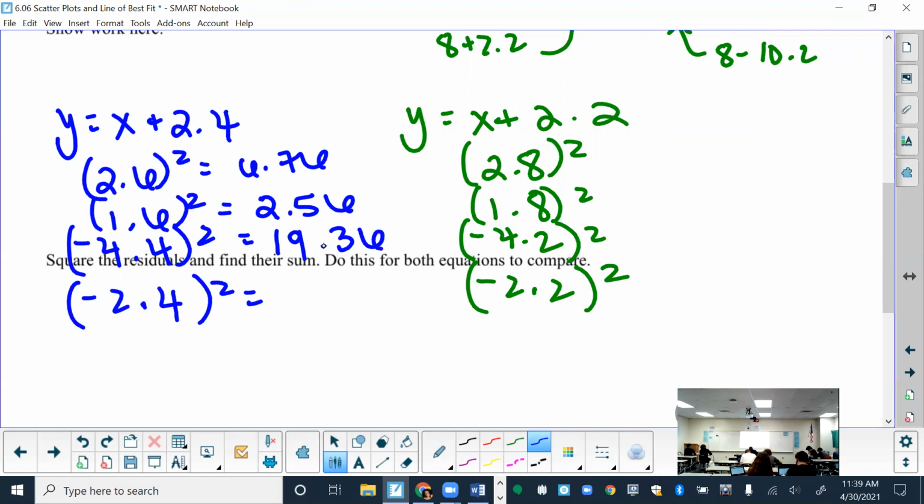So anytime you square something, it should always be positive. So it's a positive 19.36. How do I get rid of that error if my calculator is the one that told me that? Parentheses. Good. All right, next one, negative 2.4 squared. 5.76. Good. All right, now do the same with the green column.